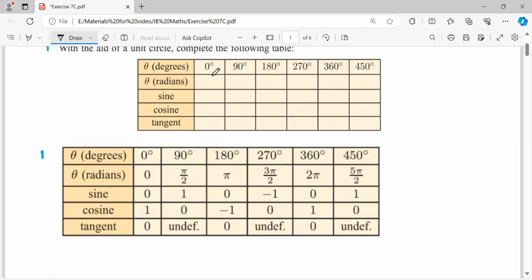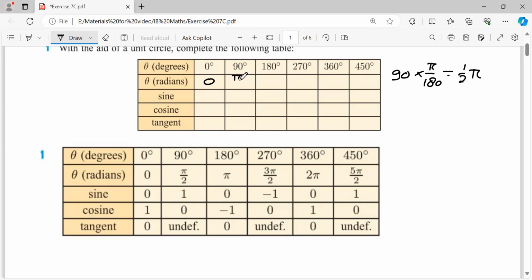Firstly, we have to convert from degrees to radians. In exercises 7A and 7B, we learned how to convert from degrees to radians. If 0, of course, it is still 0 here. And if 90, it's going to be 90 times pi over 180, and it becomes half pi, or pi over 2, like this.